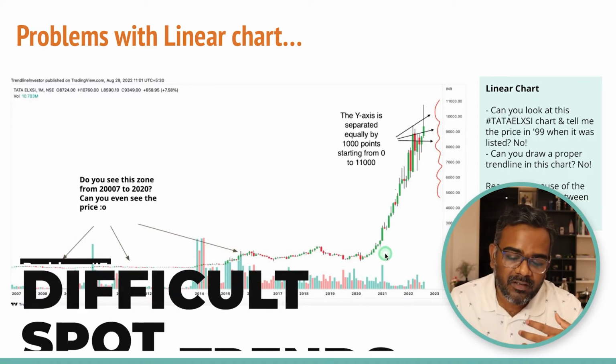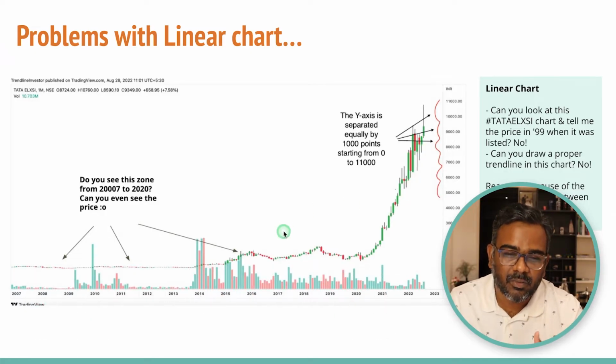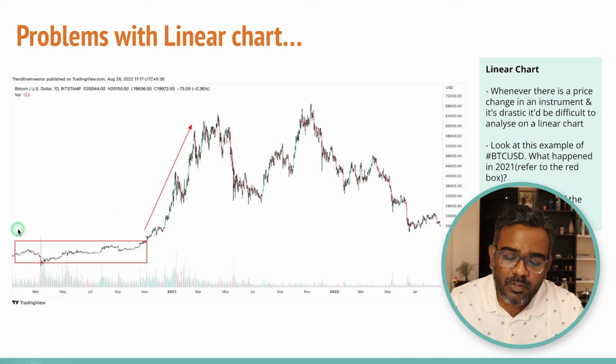And you cannot really draw a trend line, or see any channels or trend lines. You literally cannot do price analysis or any charting looking at a linear chart, and that's the major problem with linear charts. Also, take the example of Bitcoin back in 2020, just a couple of years back.